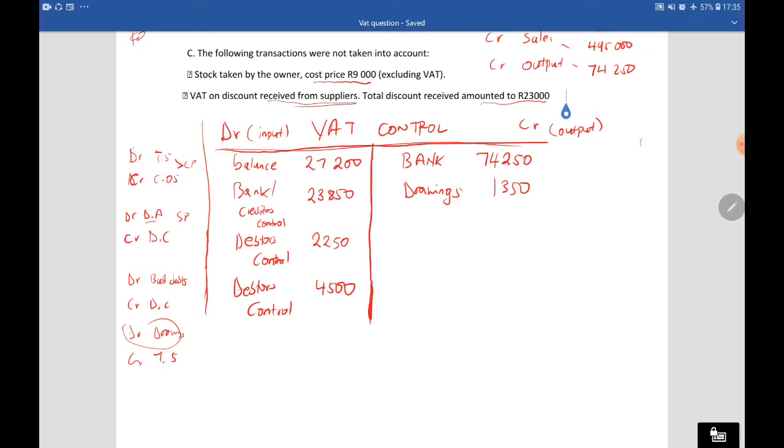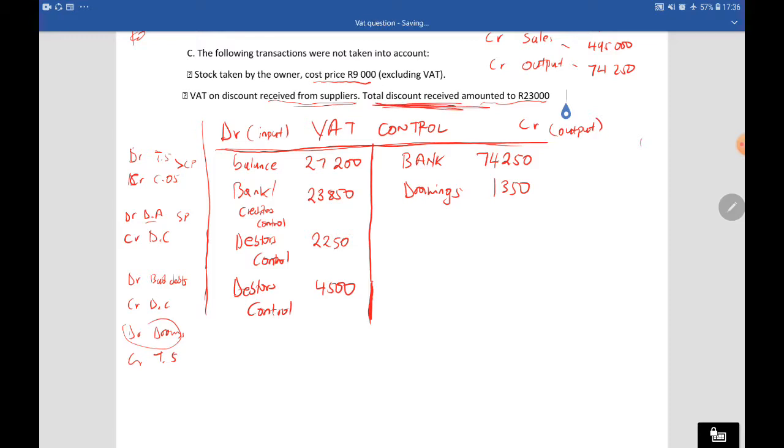So you're still going to credit, because when you pay our debt, the debt that we owe our creditors, we are paying VAT input. But if we receive a discount, it means you're going to pay less. So you're just going to say 23,000 multiplied by 15%, because this is the total discount received.